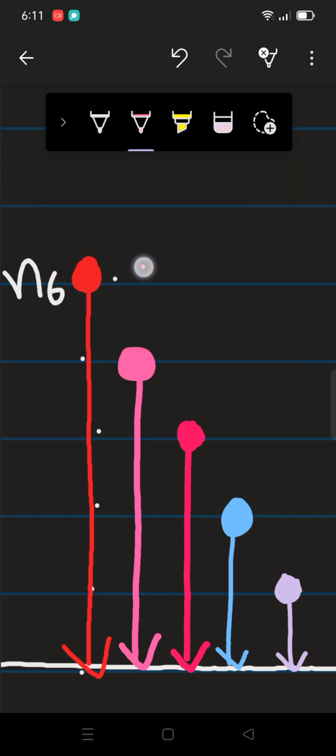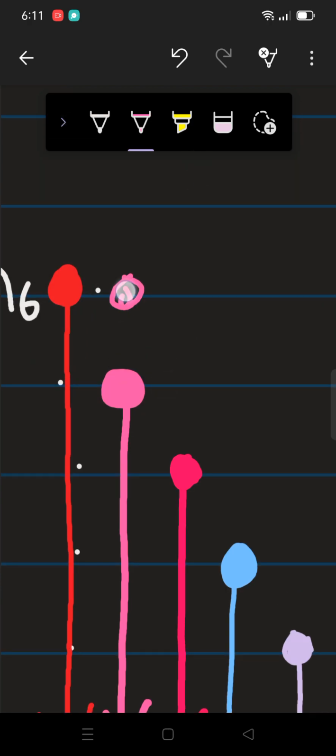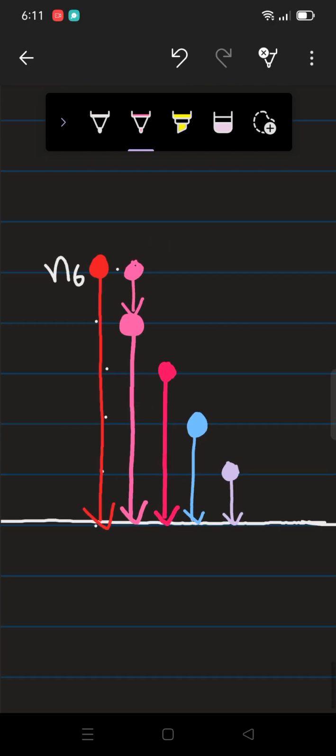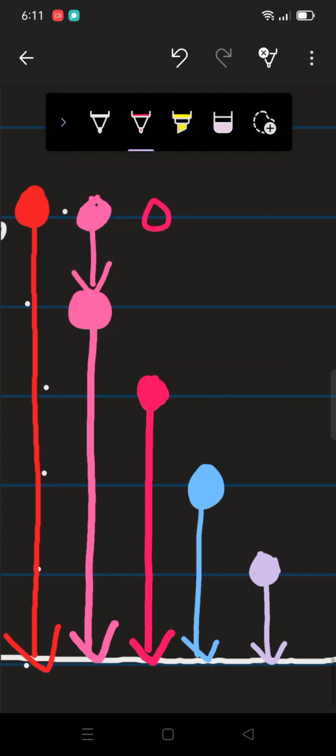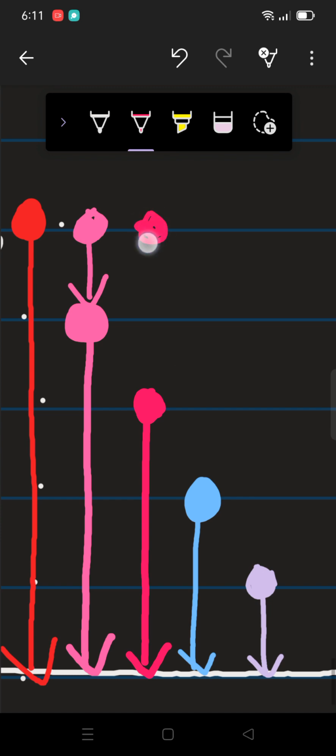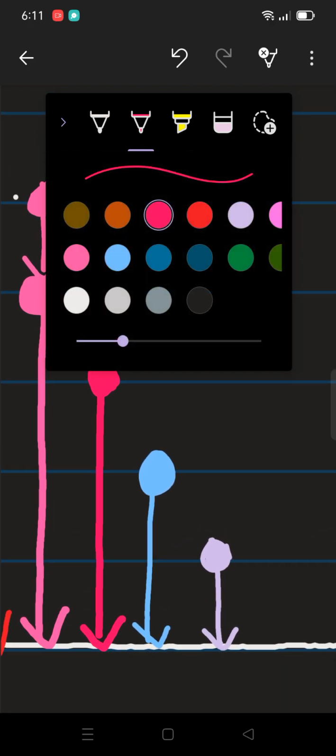Now initially this electron can go to N5 and then it can go to N1, right? Then if I have an electron here, it can go to N4 first, then it can go to N1, right?